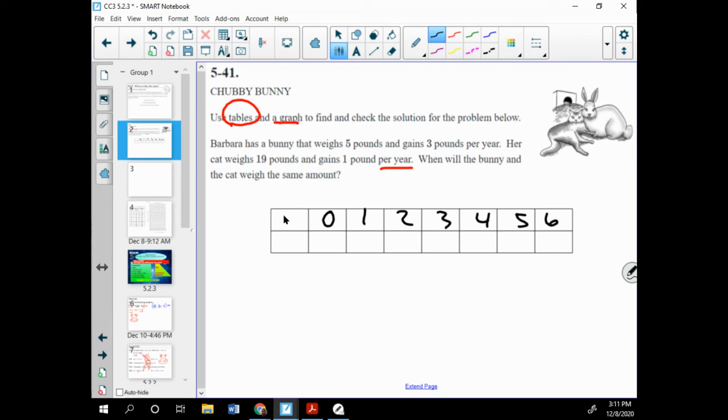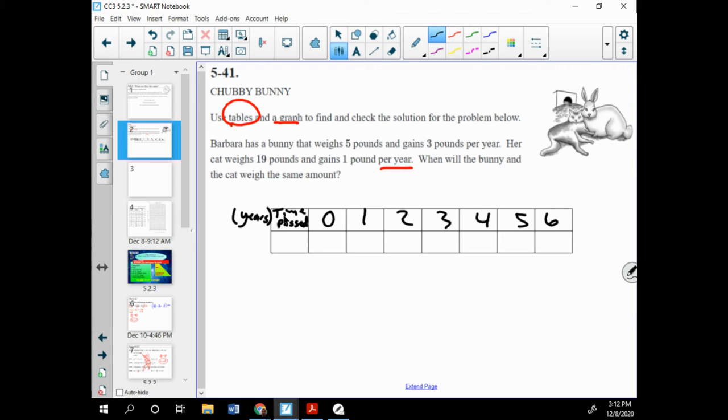Right, but what does that mean? What are we talking about? Well, we're talking about the time passed, in years, technically. I just don't have room to write that in. Time passed in years. And then the Y is going to be the weight.